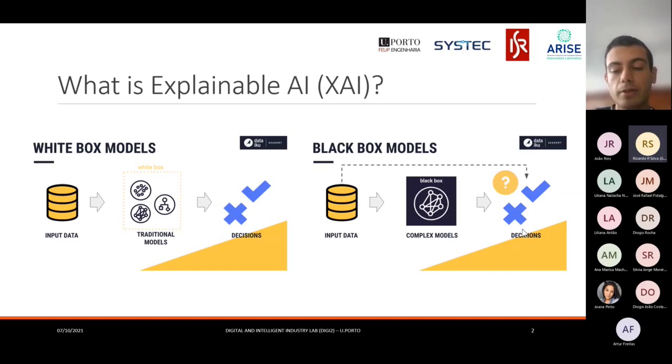However, there are more complex models, such as deep neural networks, which, although they can be much more accurate, are much more difficult to understand and to explain, and so they're called black box models.